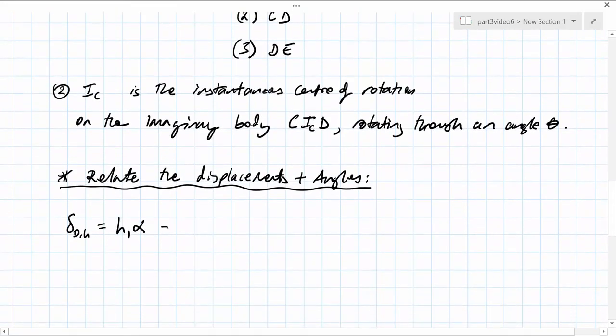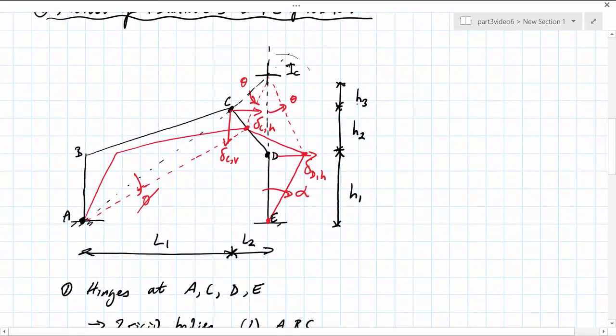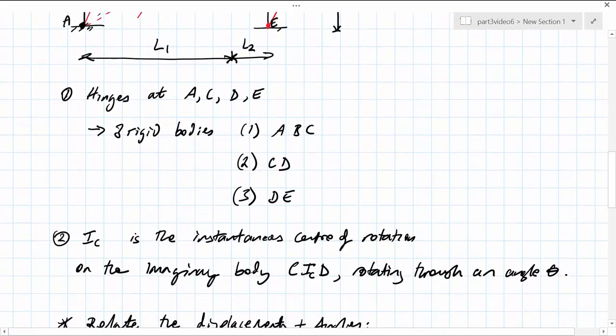And similarly, in terms of theta, it's equal to h1 plus h2 times by theta. We can see that here. h1 and h2 times by theta will give us this equivalent angle.